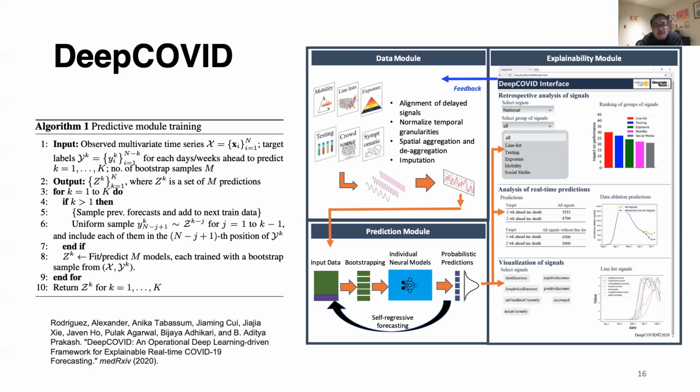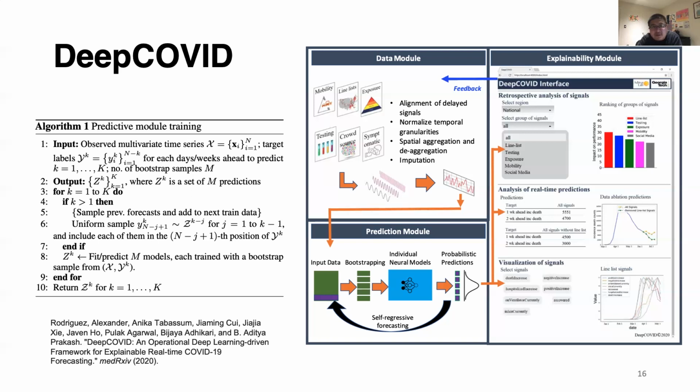And the pseudocode on the right actually shows the predictive modeling module. It uses a feed-forward neural network with autoregressive input to incorporate short-term dependencies in the time series to capture the epistemic uncertainty coming from the data.